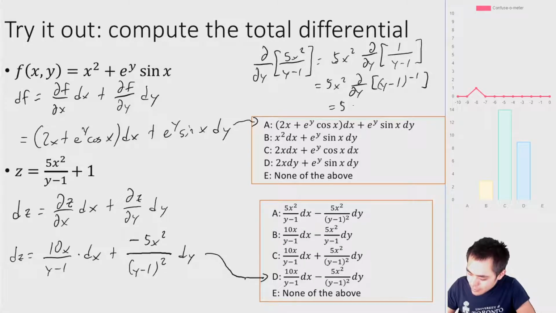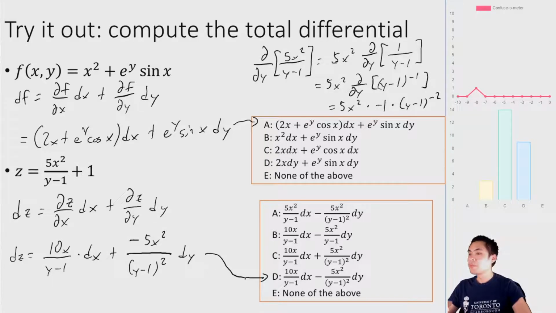Wait a moment, did I do this wrong? No, I did it right. So that's equal to 5x squared times minus 1 times y minus 1 to the minus 2 power. And so that's why you get minus 5x squared over y minus 1 squared.